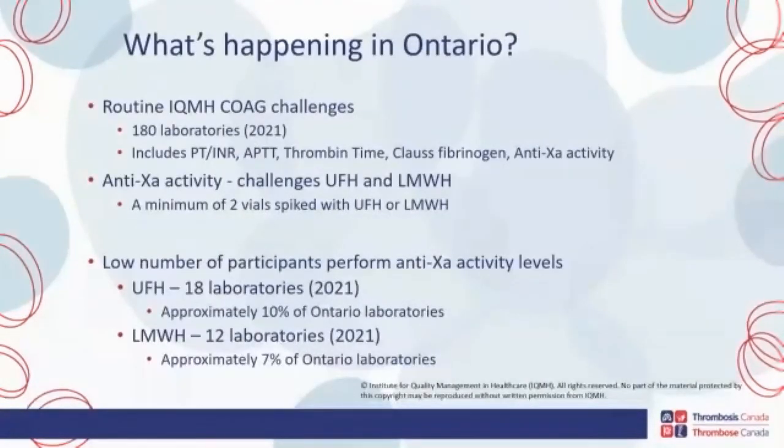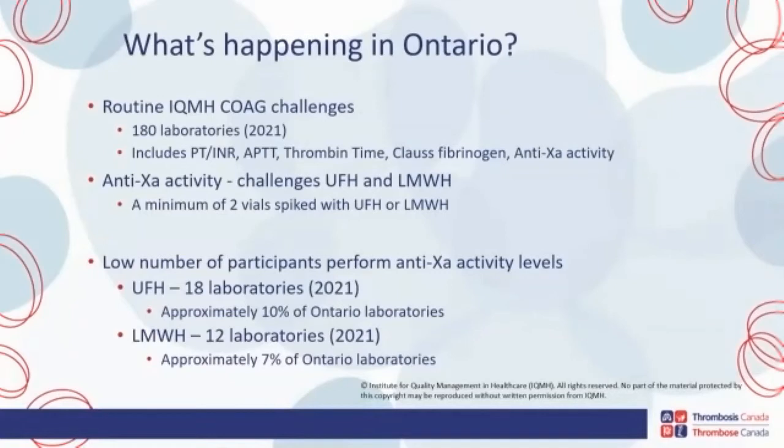So what is happening in Ontario? The Institute for Quality Management in Healthcare, IQMH, that is headquartered here in Toronto, is responsible for proficiency testing in the province of Ontario. This is an OMA mandate. All right, so as of 2021, there are 180 laboratories participating in these projects.